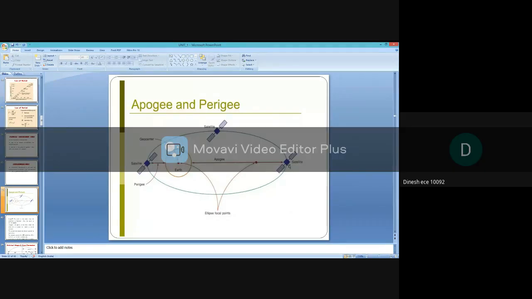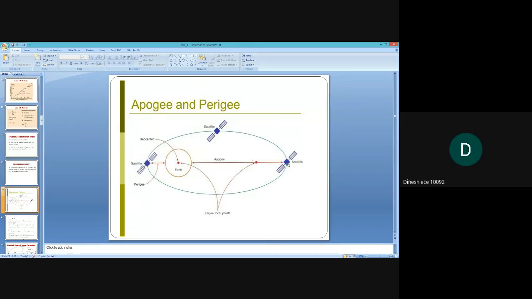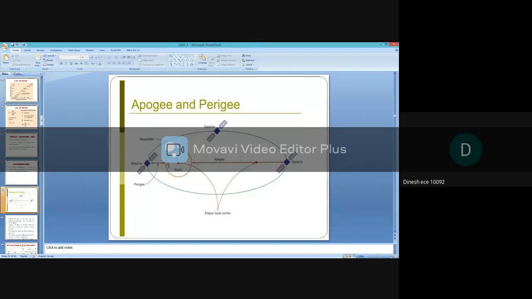So the distance from this satellite, which is on the right hand side, to the Earth's surface is the apogee, and this point of the satellite is called the apogee point. And this satellite on the left hand side is closer to the Earth's surface. You can see that. So this point is called the perigee point. Okay, apogee and perigee.